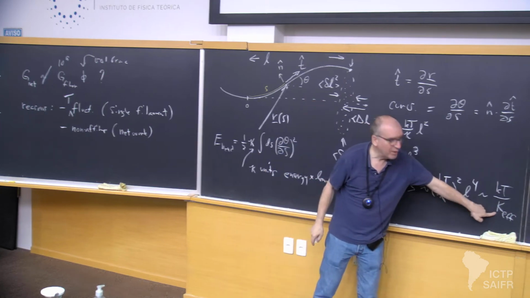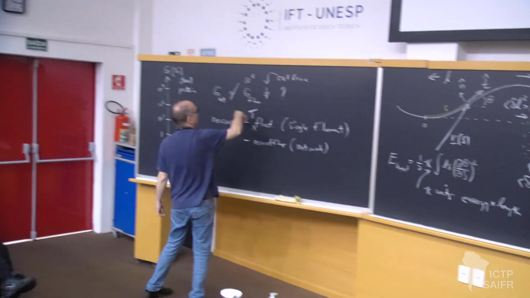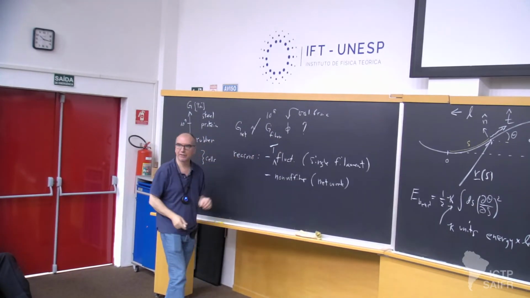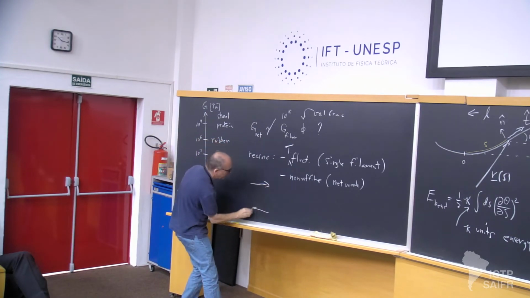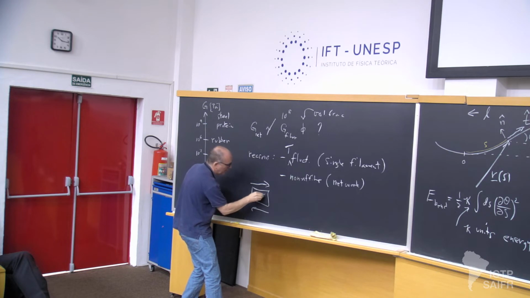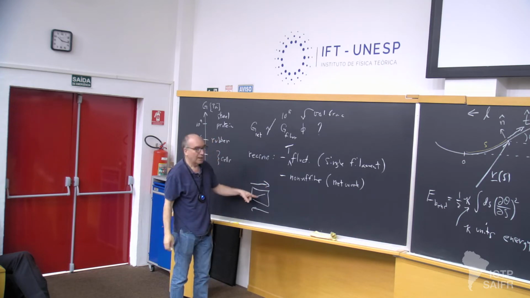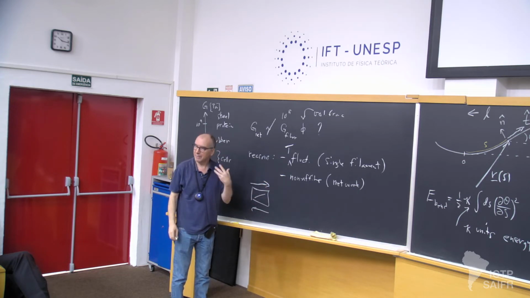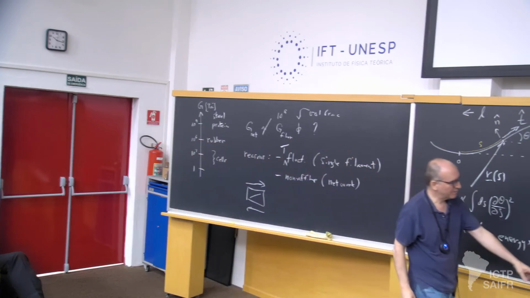Now, that spring constant I could put into this picture of an affinely deforming network, so that when I shear my sample, I take a filament here and I stretch it. And as I stretch it, that suggests that the mechanical resistance to that should come from this spring constant here.